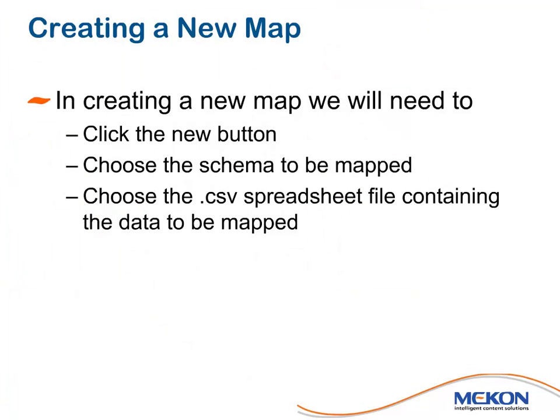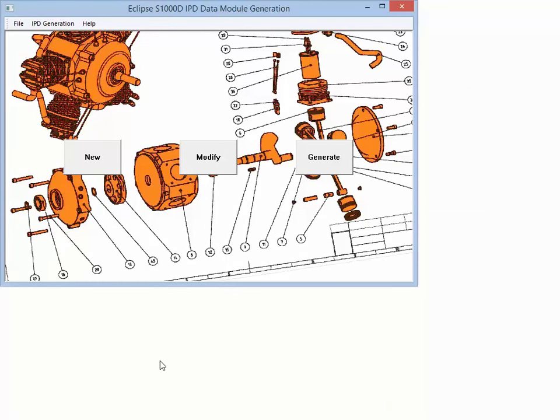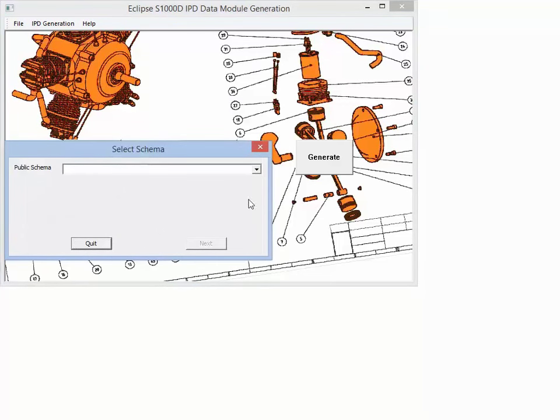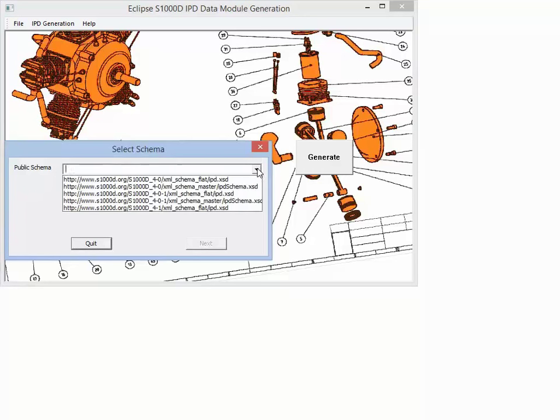To create a new map, we need first of all to click on the New button, choose the schema to be mapped, and then choose the CSV file spreadsheet containing the data that we want to map. So we start the process by clicking on New, and at this point we need to work out what schema we need to work to.